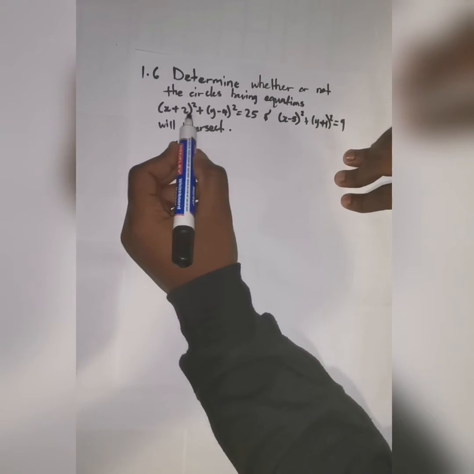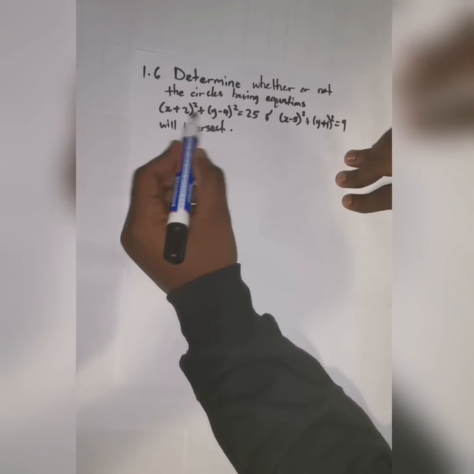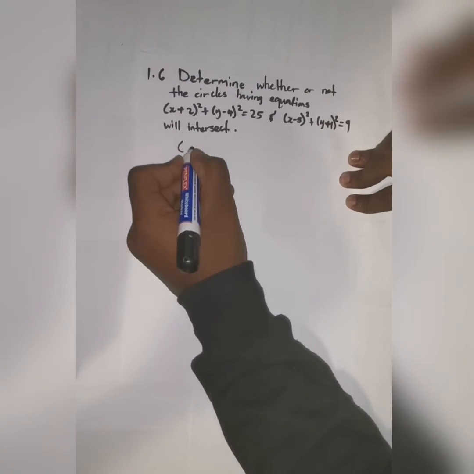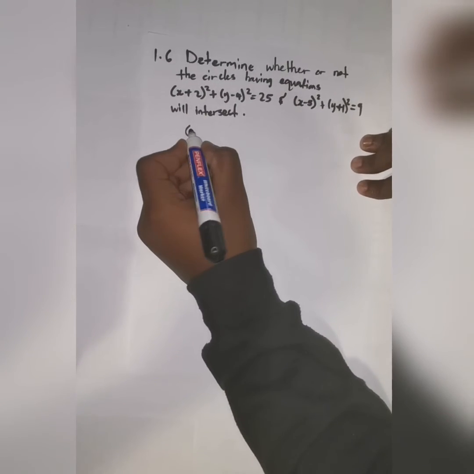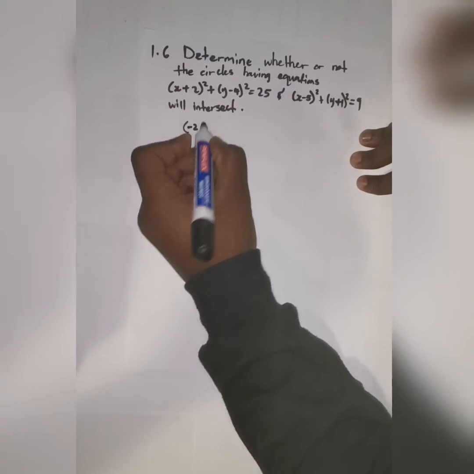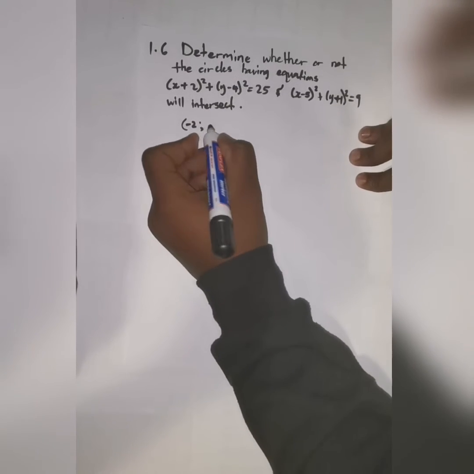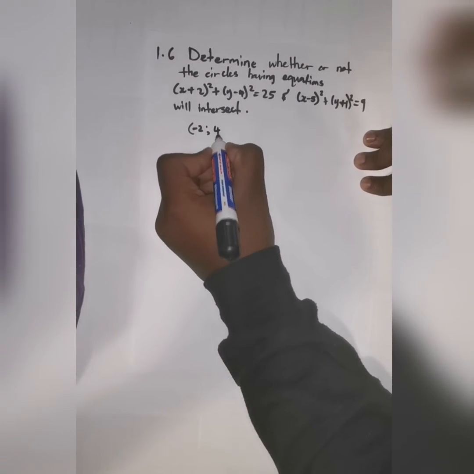When we extract the center from the equation of a circle, we oppose the sign. So this 2 is going to be a negative 2, and this negative 4 is going to be a 4.